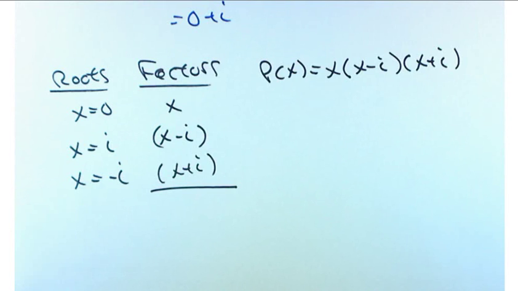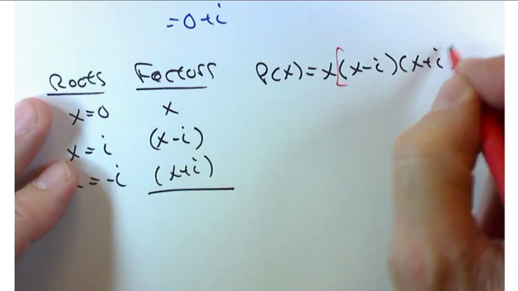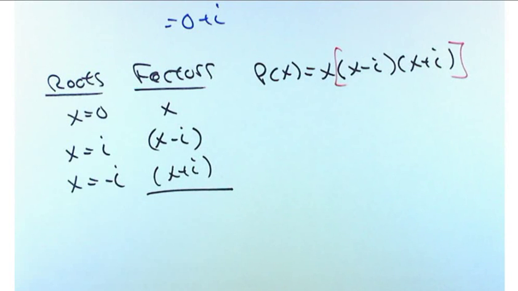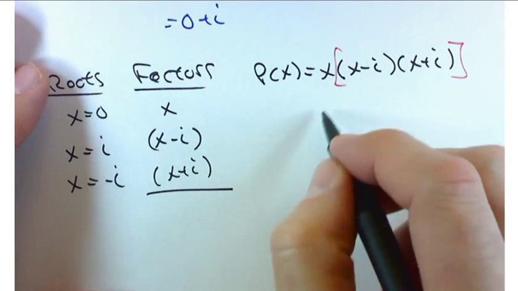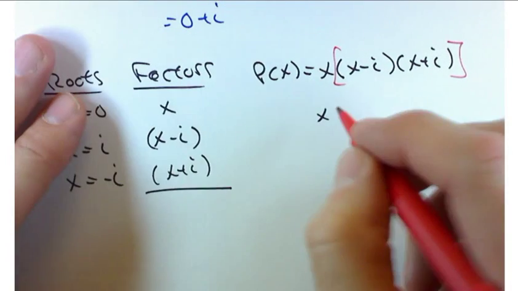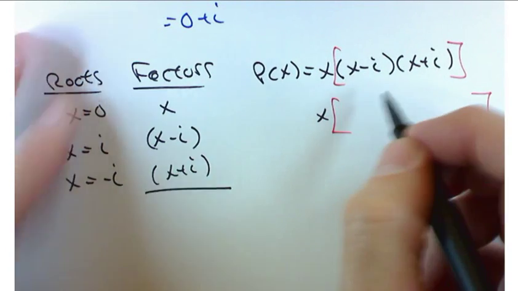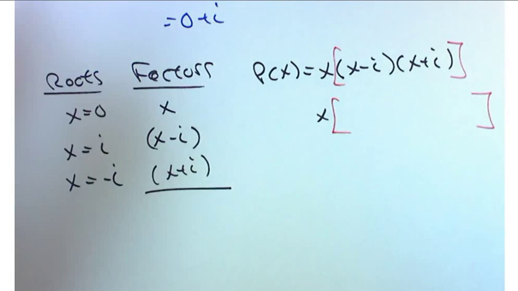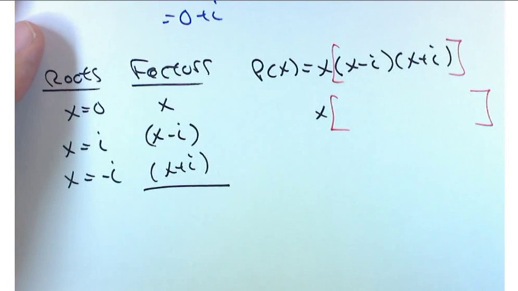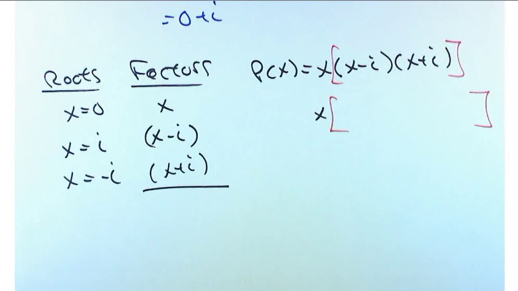My suggestion to you in multiplying these things together is to start by multiplying together the complex conjugate pairs. So these two. Now there's tricks, but it'd take me as long to do the multiplication as it would to explain the trick. So let's just FOIL this out.